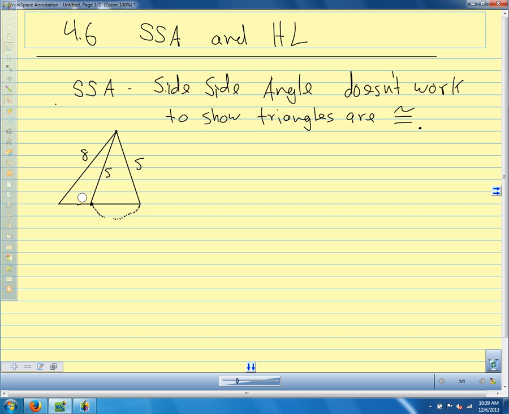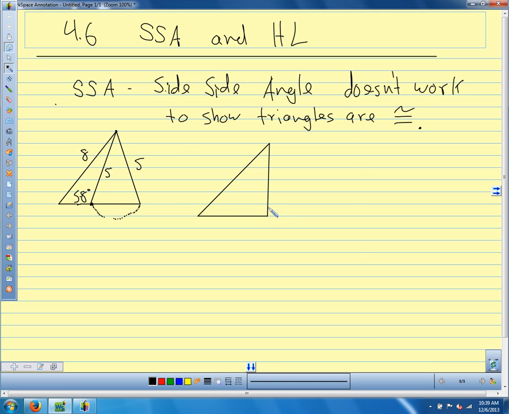So we cannot use side-side-angle to show that triangles are congruent, except in one case. And that case is when we have a 90-degree angle.